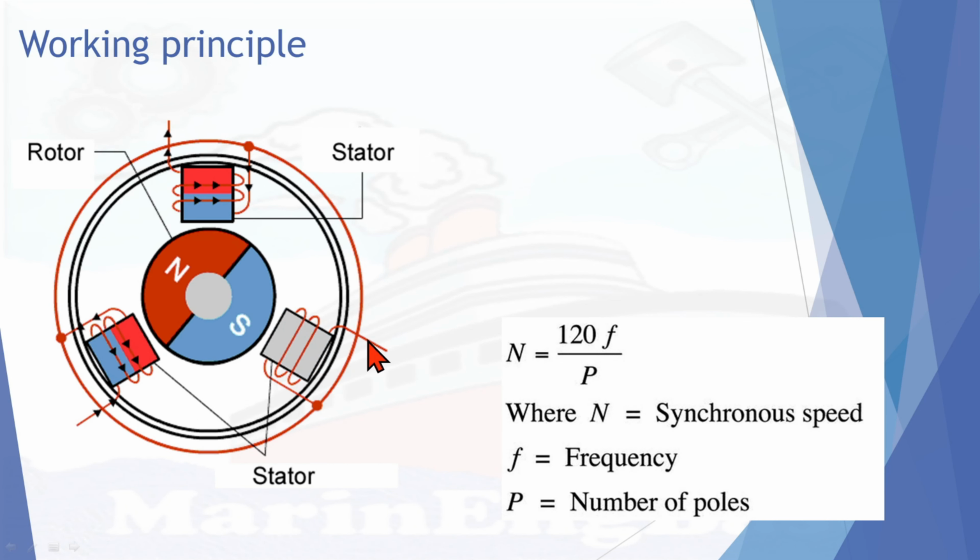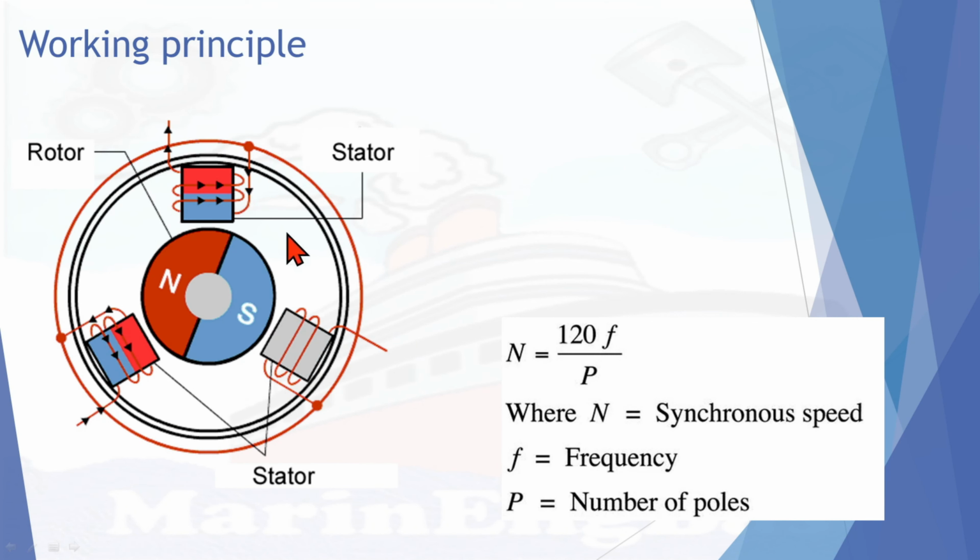When the supply alters its polarity, your magnetic polarity also changes. As there are three phases which are 120 degrees electrically spaced in place, there will be a rotating magnetic field from the supply given to these three poles.